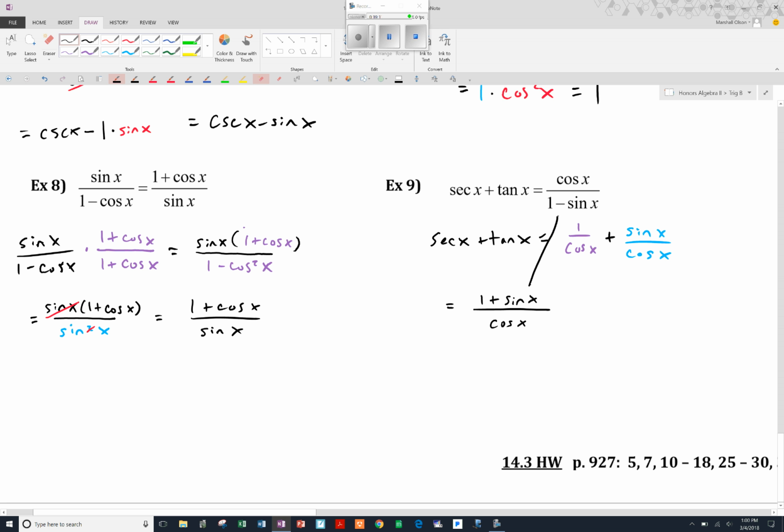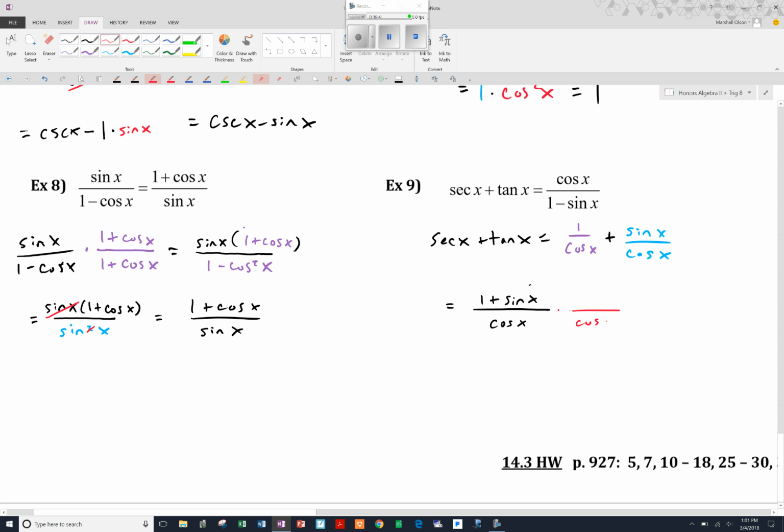Ooh, now as I look up here, we're not really getting anywhere that we need to. But that's okay. Two things you could do here. You could start from scratch, or you could look at what you have and think, how can I get to this with what I'm at right now? Well, I think it's going to involve Pythagorean identities again, except I don't need to multiply by a conjugate here.